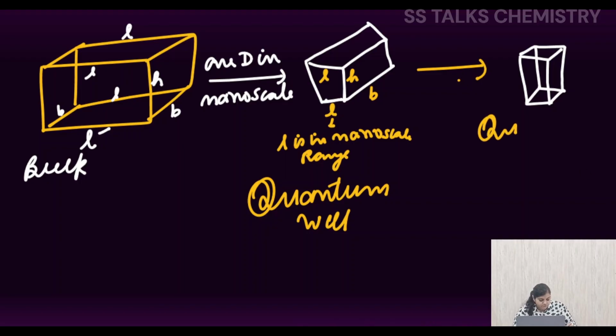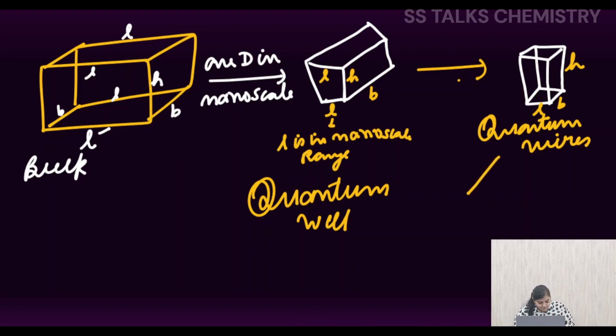This is known as quantum wires. You can see now here the length and the breadth we have brought into the nanoscale range, and this height that is present is lying in the normal scale range. So this is how quantum wires are going to look.